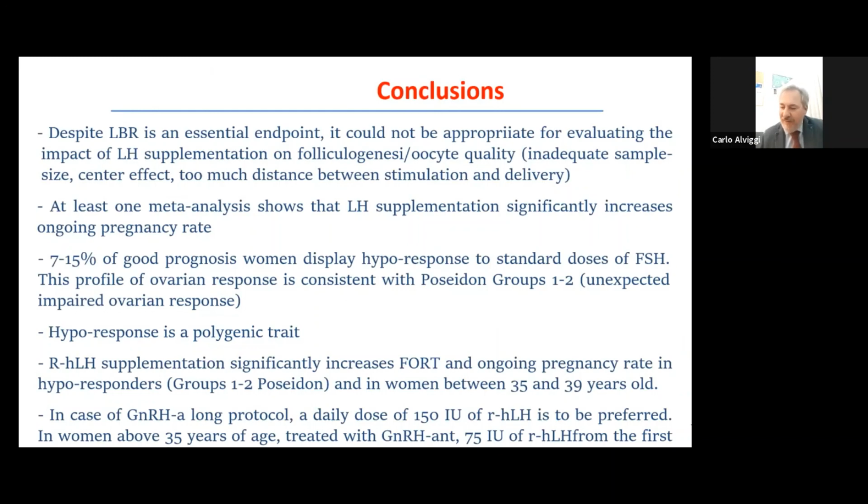You can use even 225 or more, but not less than 150 with the agonist. If you work with an antagonist, you can even consider 75, but from the first day of stimulation. And I suggest, this is my personal experience but it is also reported by some trials, in patients above 35, to move to 150 when you start the antagonist.